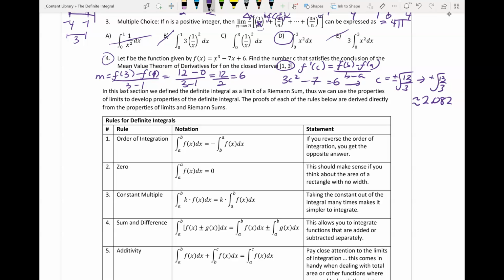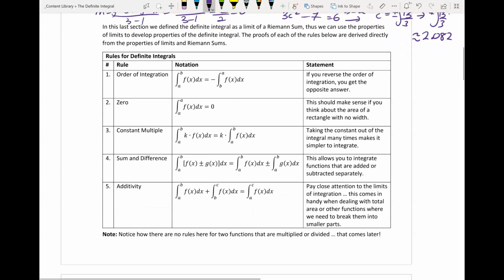Okay, moving on to new things. We're going to look at rules of definite integrals. There are 5 rules that you need to know. The order of integration: our interval usually goes from smallest to largest, and we would read it off over here from a to b.